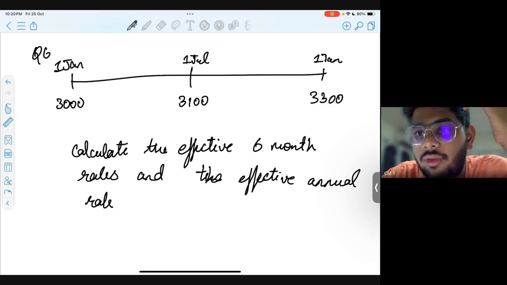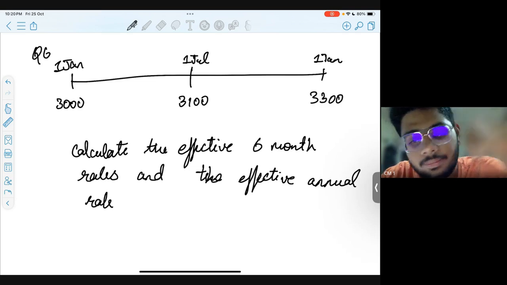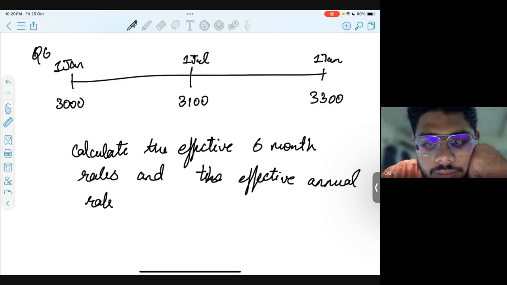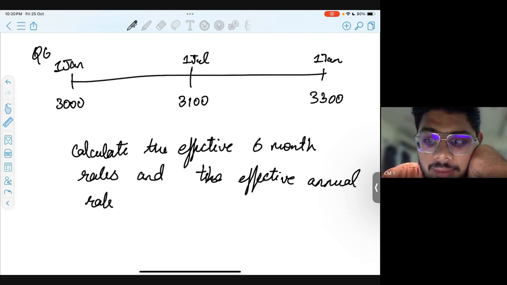Guys, बाकी के half year effective कहाँ गए? 1.653 क्या है? फर्स्ट 6 मंथ्स की, सेकेंड 6 मंथ्स?